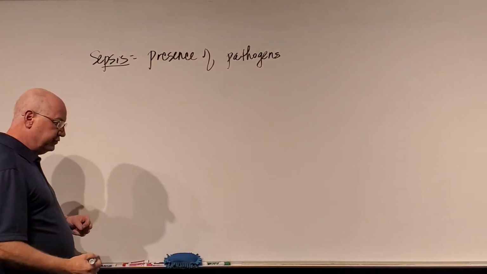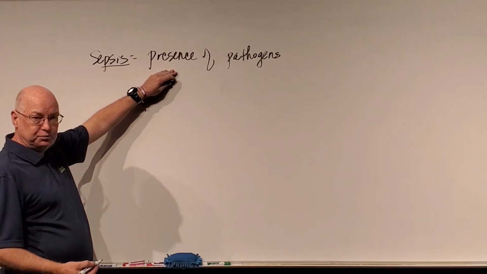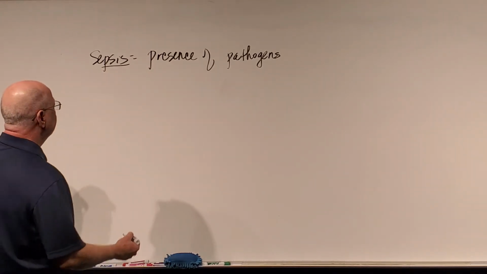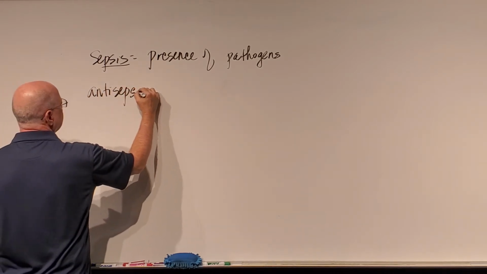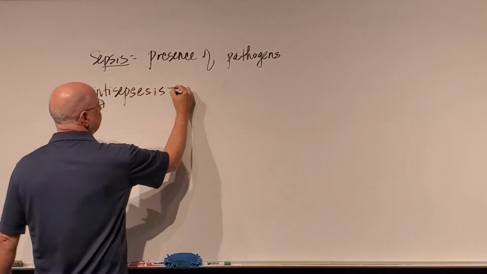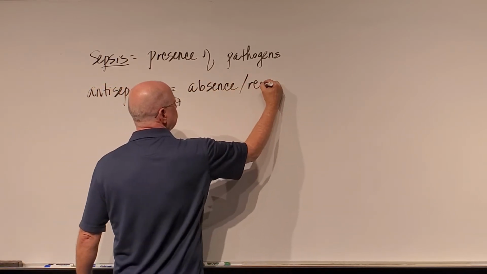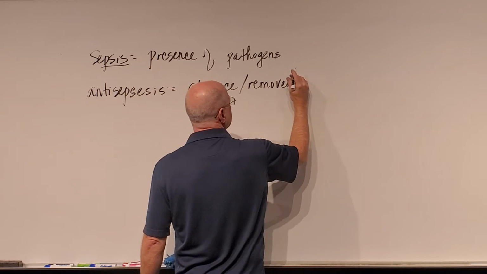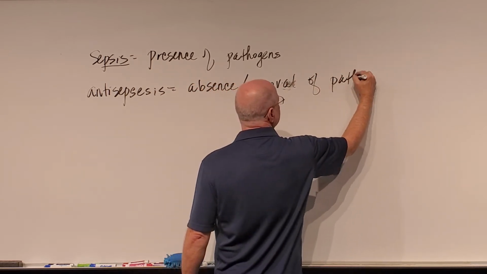So if someone has gone septic, if a wound is septic, that means there are pathogens present causing an infection. And so antisepsis is the absence or removal of pathogens.